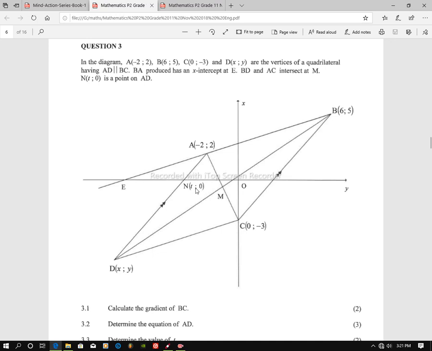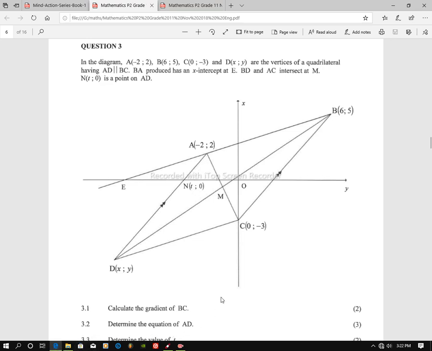Basically, we are going to substitute 0 into the equation of AD, and then we are going to get the value of t.